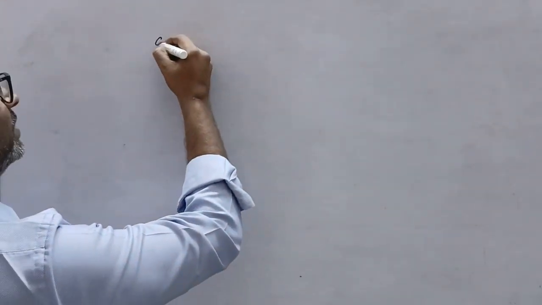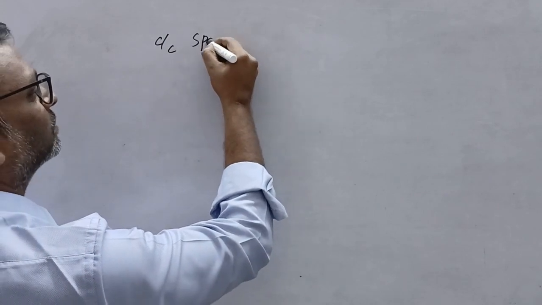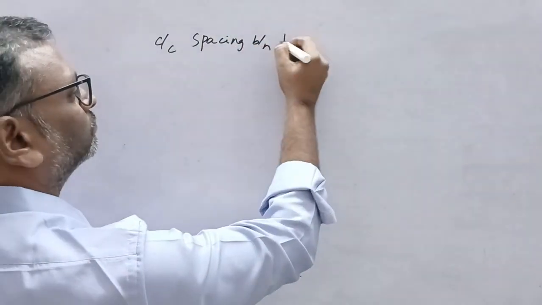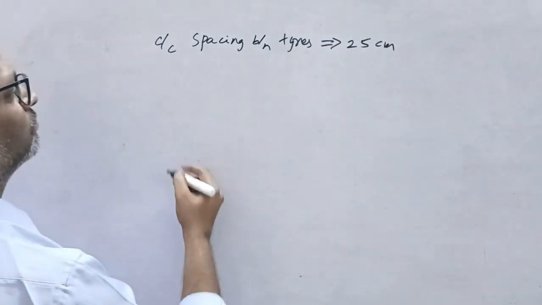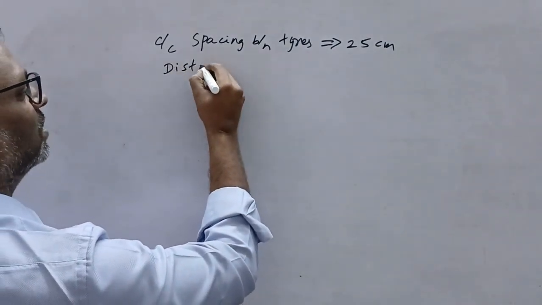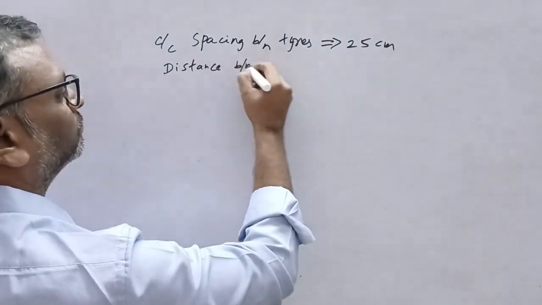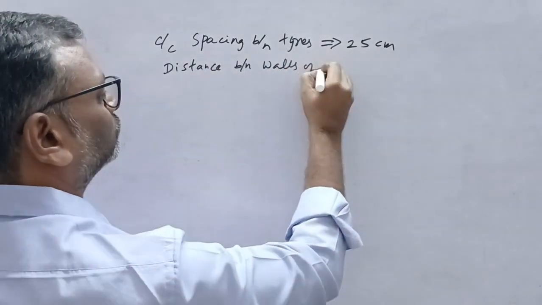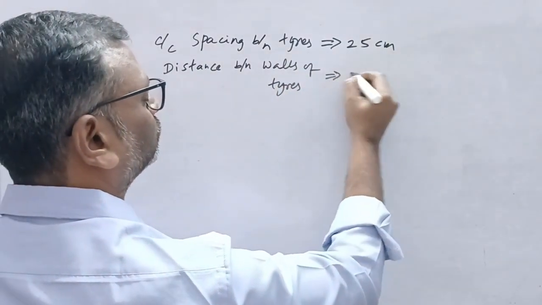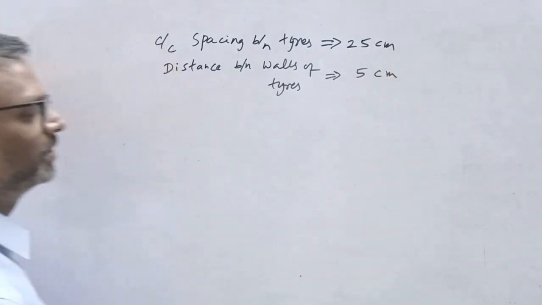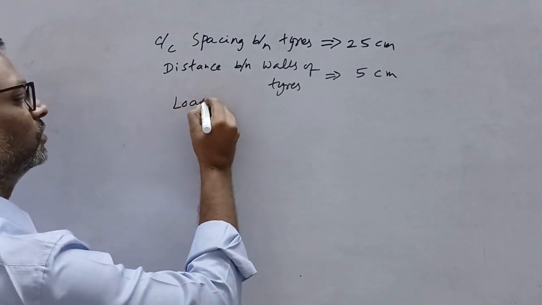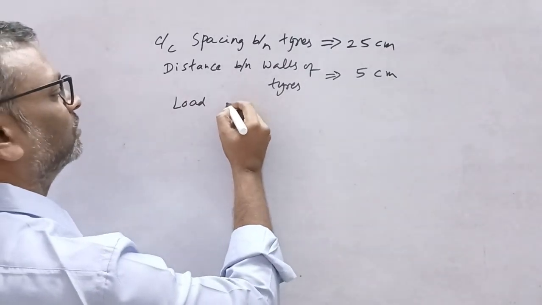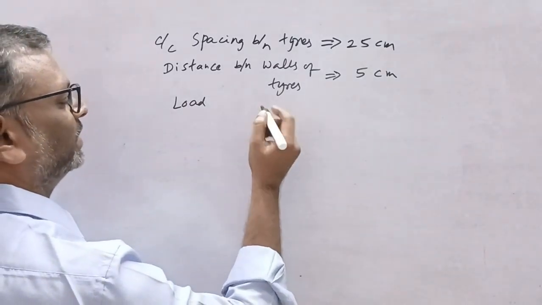The data is given like this. Center to center spacing between tires is 25 centimeter, and distance between walls of tires is 5 centimeter, and standard axle load on a single axle with dual wheels at either side.